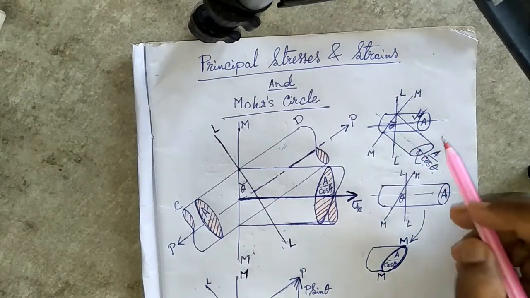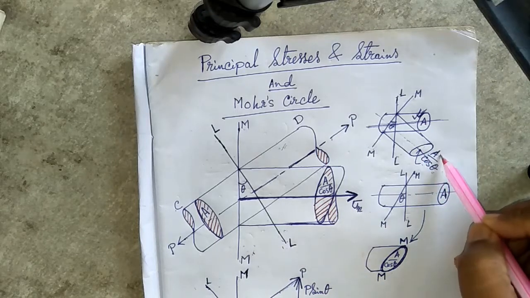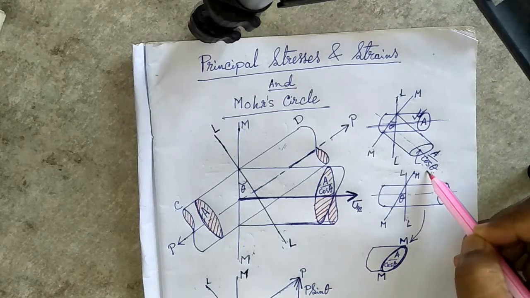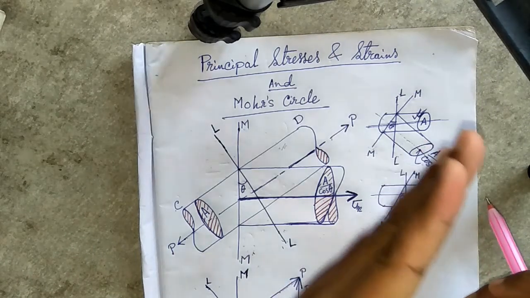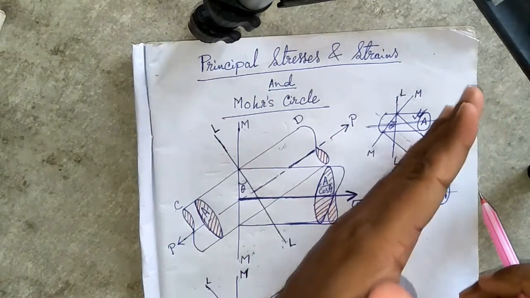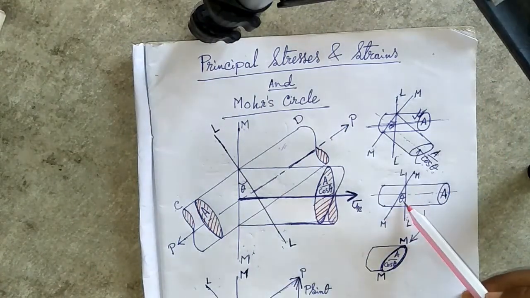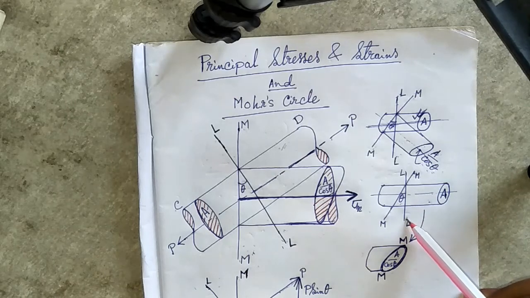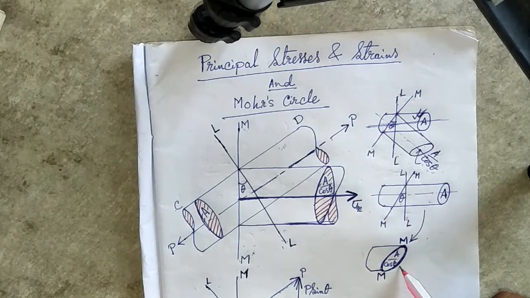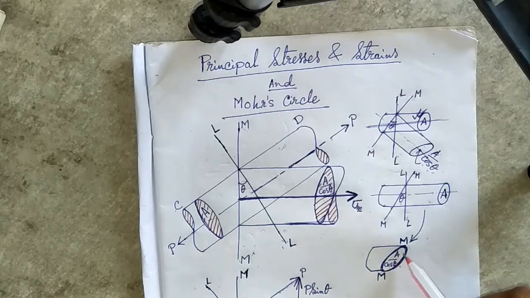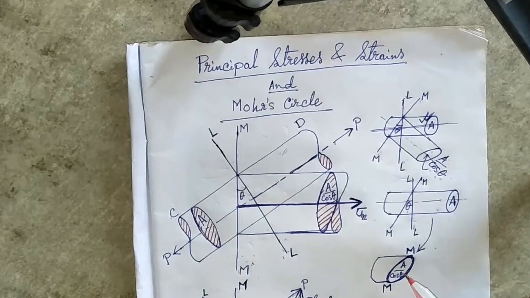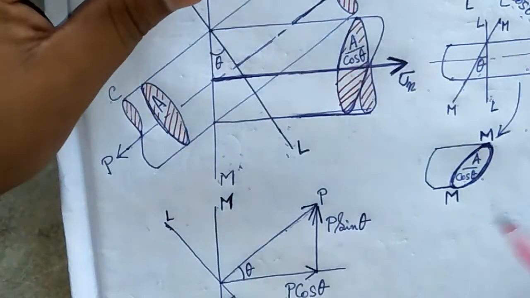So the cross sectional area of this shaft is A by cos theta. This is the original shaft. If we cut it along MM, which is inclined at an angle theta with LL, the shaft looks like this. This is A, the original cross sectional area, and this cut cross sectional area will be A by cos theta.